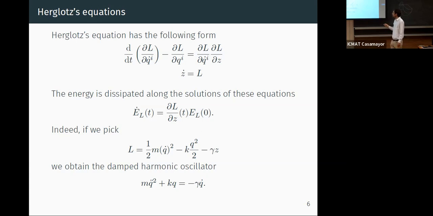Indeed, for example, if we pick this Lagrangian over here, which is like the one for the harmonic oscillator in classical mechanics but with this extra term, and we apply the Herglotz principle, we compute the Herglotz equation for this Lagrangian and obtain the equation for the damped harmonic oscillator.